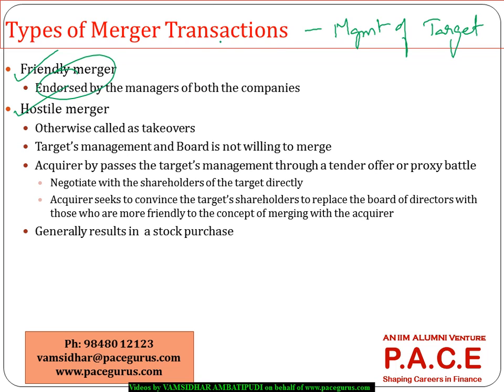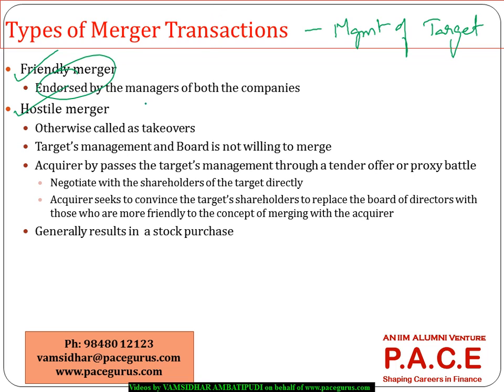They sit together and draft an agreement before they share everything with the shareholders of the target. So it is done on mutually comfortable terms. The deal price and everything are done based on mutually agreeable and comfortable terms.